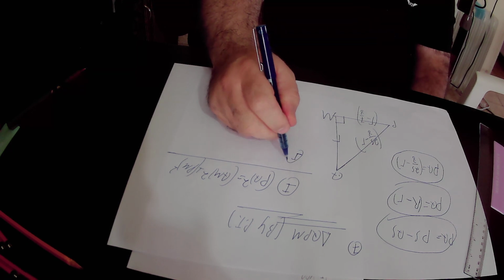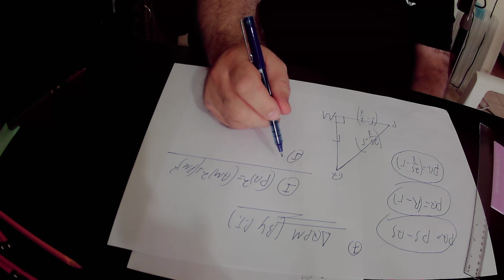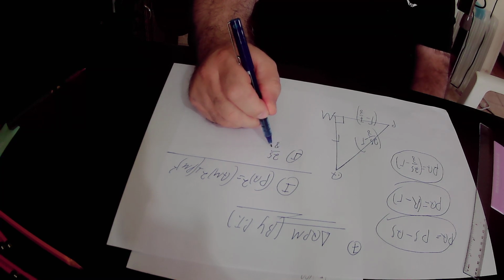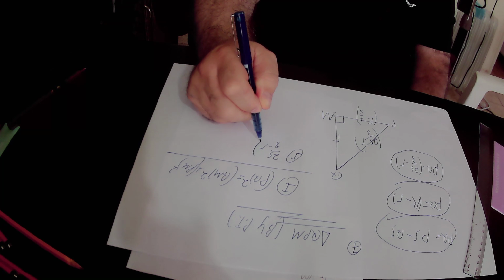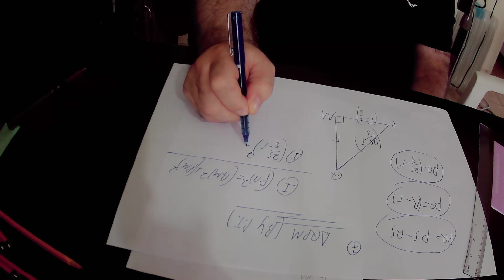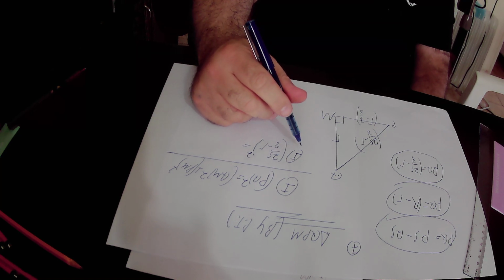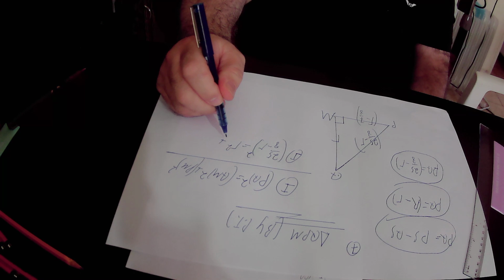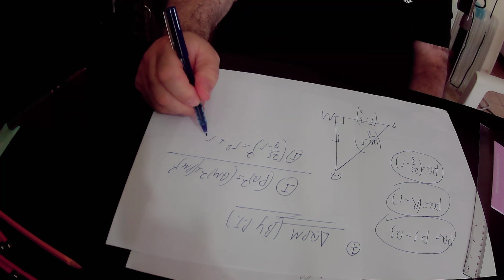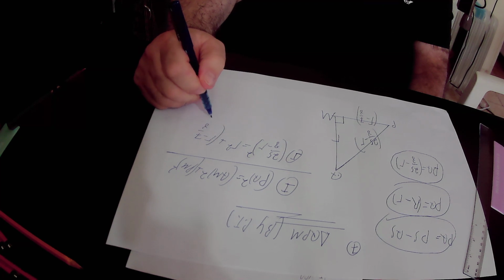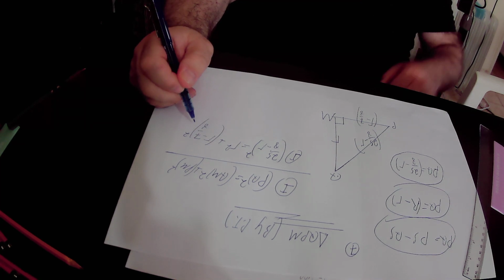So here we have already found that PQ equals 25 over 8 minus r. Therefore, PQ squared is (25 over 8 minus r) squared. That is equal to QM, and QM equals r, so QM squared is r squared, plus PM. PM equals r minus 7/8. So therefore PM squared will be equal to (r minus 7/8) squared.